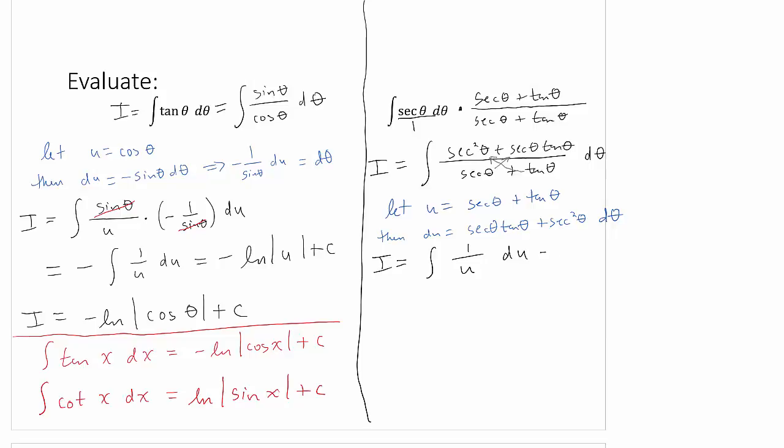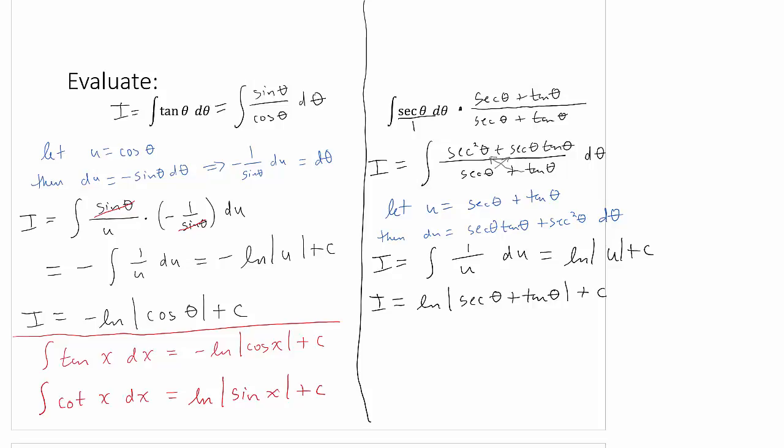Again, we've seen this before. The integral would be the natural log absolute u plus a constant. So the integral is natural log absolute secant theta plus tangent theta plus a constant.